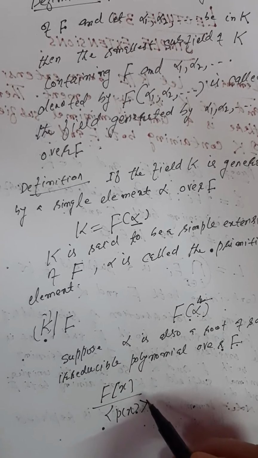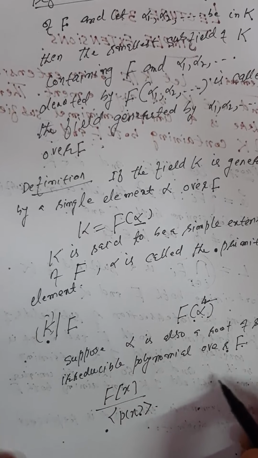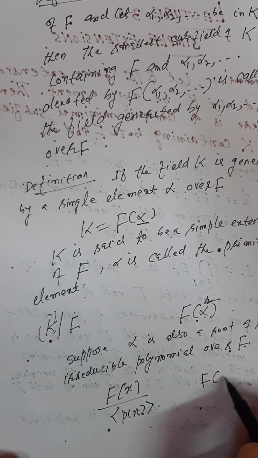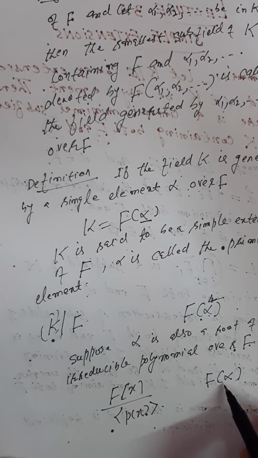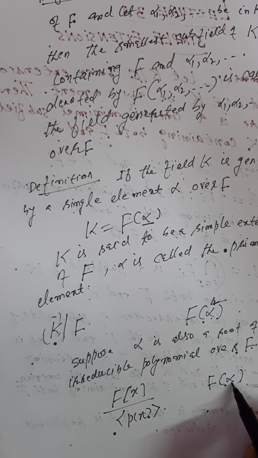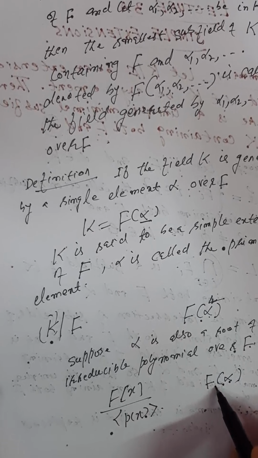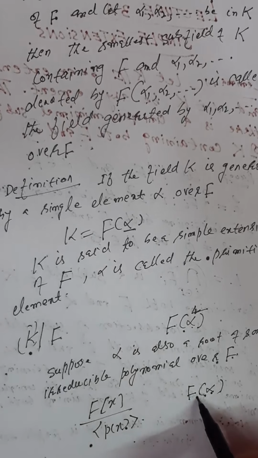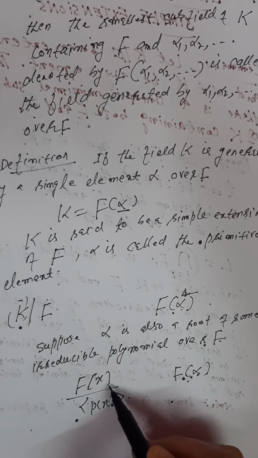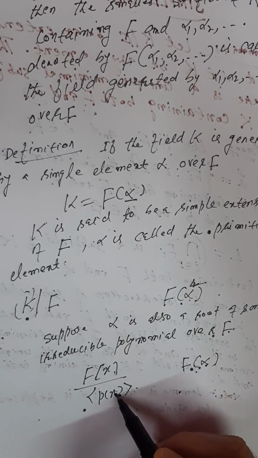So now you have two extensions of F containing this root alpha. One is this and the other one is F(alpha), the field generated by alpha over F. Now, obviously the question arises: what is the relationship between these two fields, F(alpha) and the field F[x] over the ideal generated by p(x)?